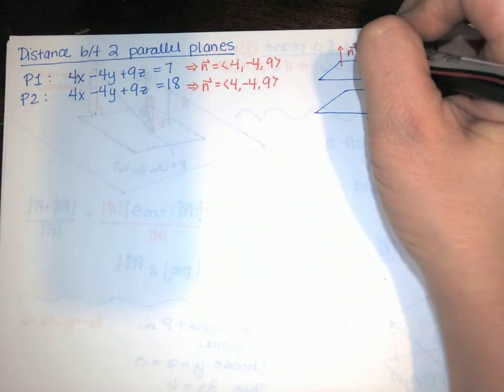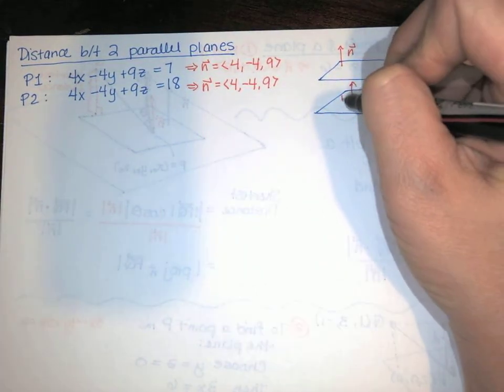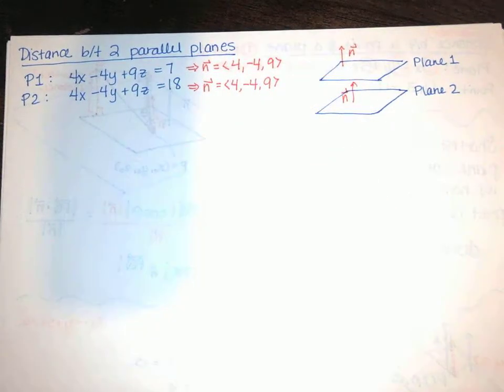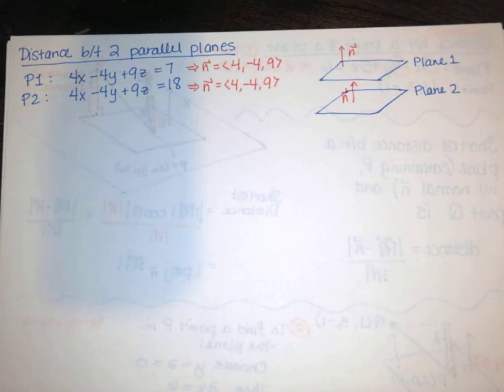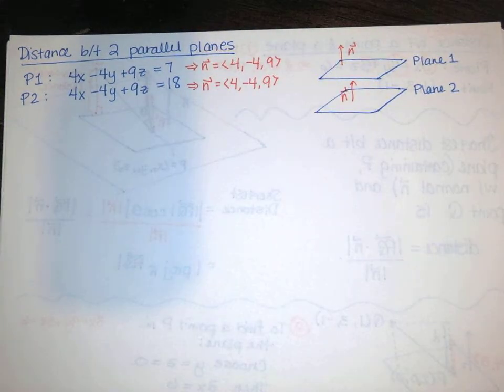Now, many students are tempted to say the distance between these two planes is 11. Just do 18 minus 7. But that's not necessarily the case. In order to find the distance between the two planes, we need a point in one of the planes, and then we'll find the distance between that point in one plane and the other plane.